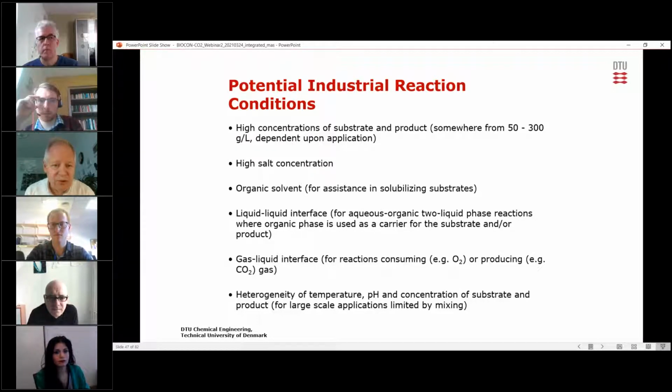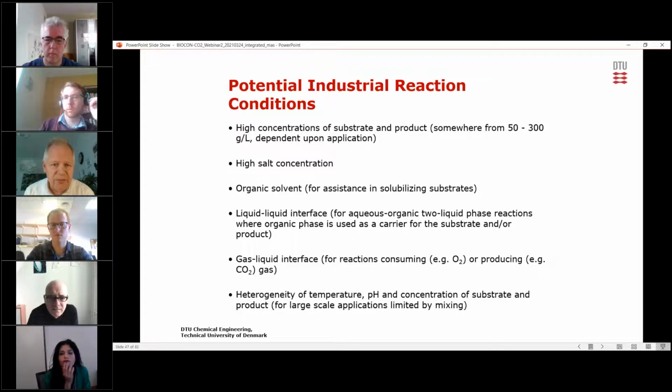High salt concentrations, organic solvents, if we need to solubilize some substrates. We may have a liquid-liquid interface if we have the organic solvent beyond saturation concentration. It might be very useful for carrying certain substrates or products. There are industrial processes which operate in that way.